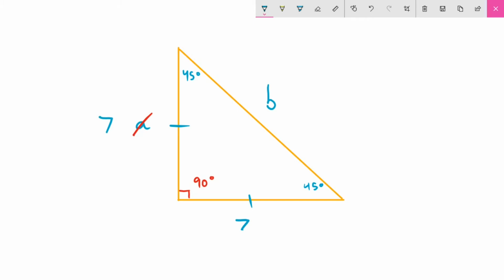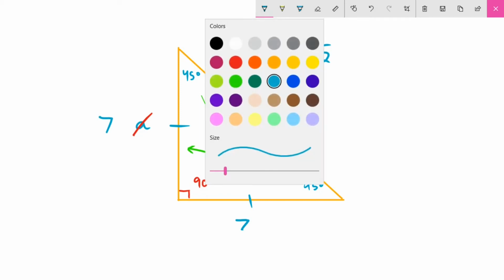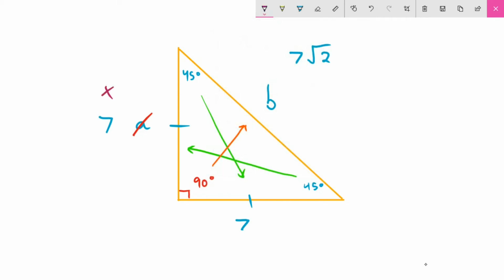This is the hypotenuse, across from the 90-degree angle. So these two sides are 7, then this side length is going to be 7 square roots of 2. Remember we had X, so 7 is X, and the hypotenuse is X square roots of 2. So we just replace X with our number, and it's as simple as that.